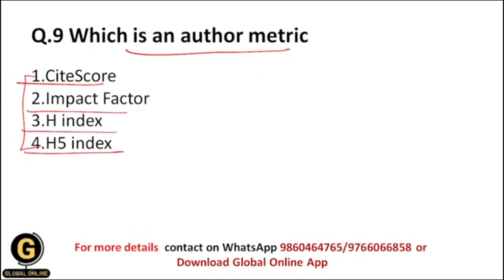So students, from these options, we have seen earlier in this video that CiteScore and impact factor, both of these are actually journal metrics. Journal metric means by the scores of CiteScore and impact factor, you can give the credit to the specific journal, and that's why this is called a journal metric. You give the values to the journal, okay, and that's why these two options get eliminated, because this is not an author metric. Now let us see H index and H5 index.